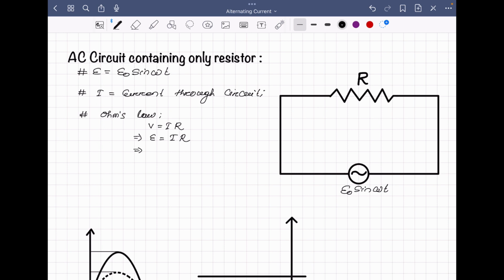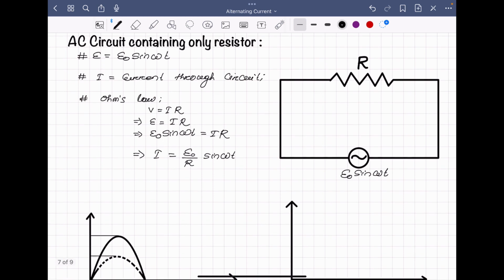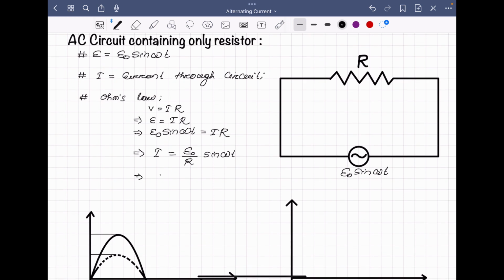In place of E we can write E naught sin omega t equal to I into R, or we can write I equal to E naught upon R sin omega t. As E naught is our peak value and R is a constant value, this E naught by R can be replaced as I naught, which is our peak value of current. I equal to I naught sin omega t.